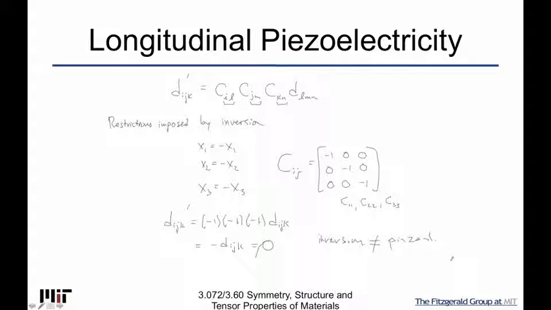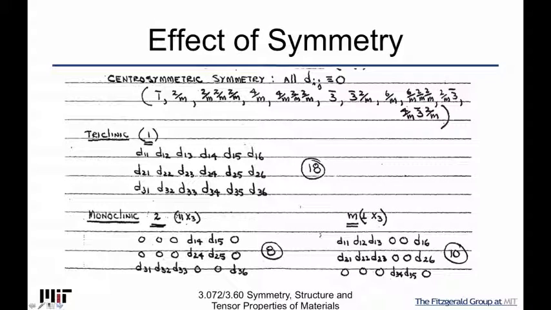Now remember what we did previously. So that's one thing. Right away we can tell that with inversion we can have complete zeros through the entire D for anything with inversion. And that is shown here.